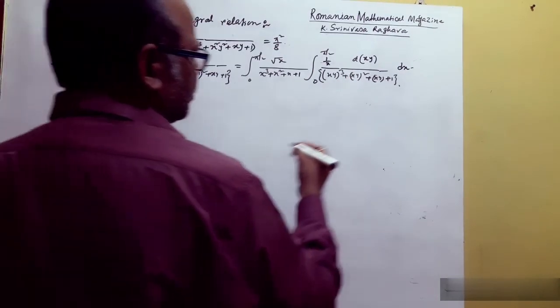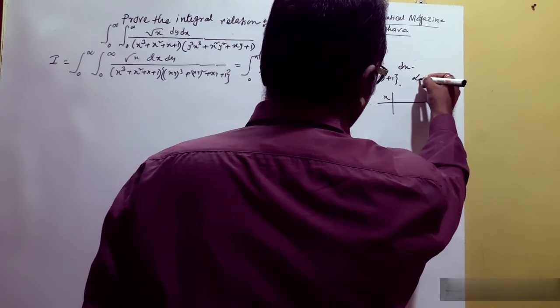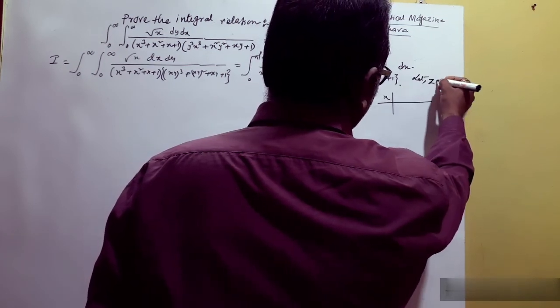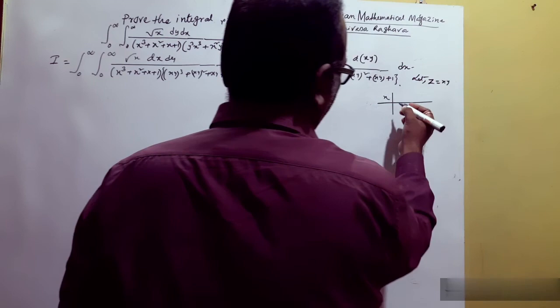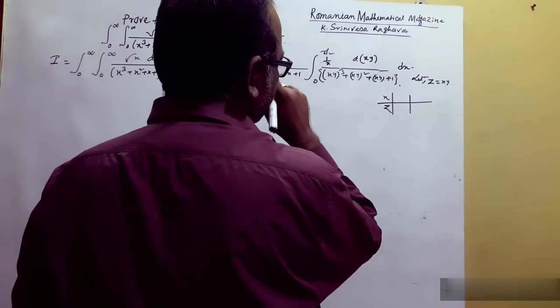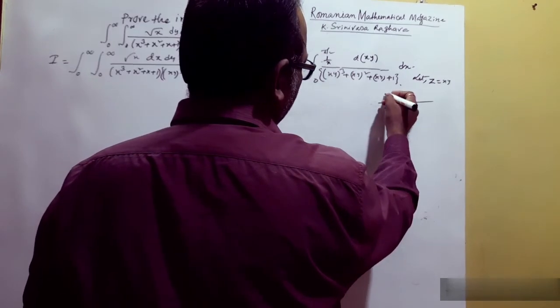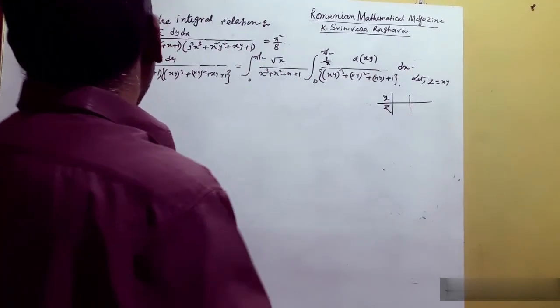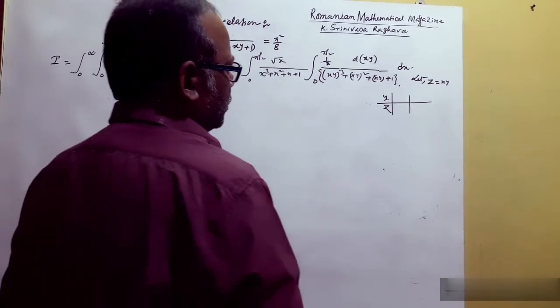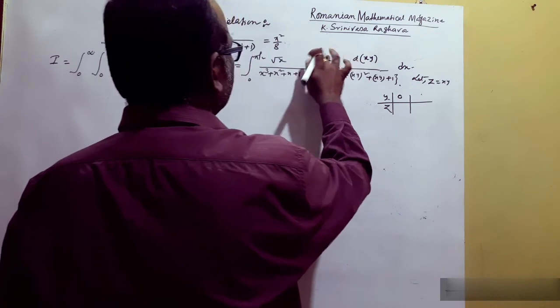Since let z is equal to xy, and this is z, this is x, y, this is y actually. So the limit is 0 to infinity.